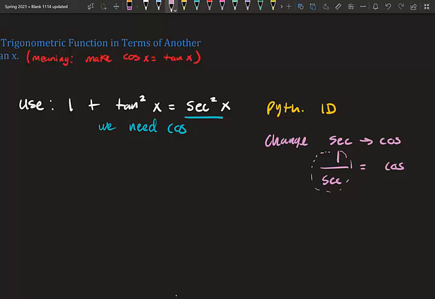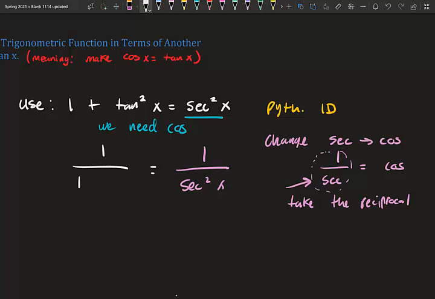So in order to get that part, we need to take the reciprocal to get this side. So I need to take the reciprocal of secant. So we have 1 over secant squared x. And since we took the reciprocal of the right side, you have to flip the left side. We're testing. Who knows if it's going to work? We're just trying. So I need to flip the left side.